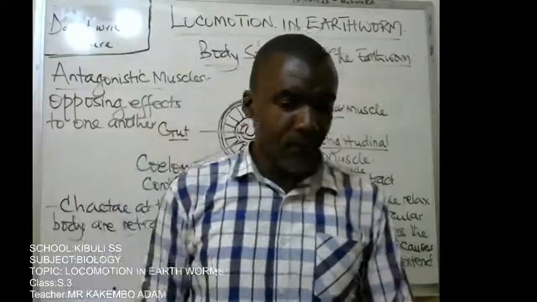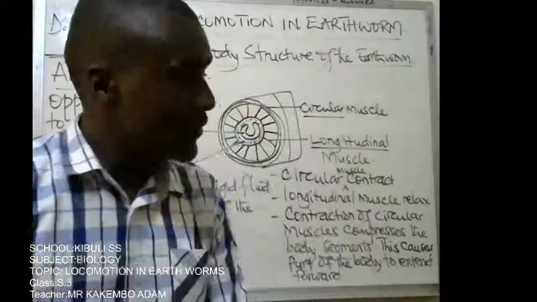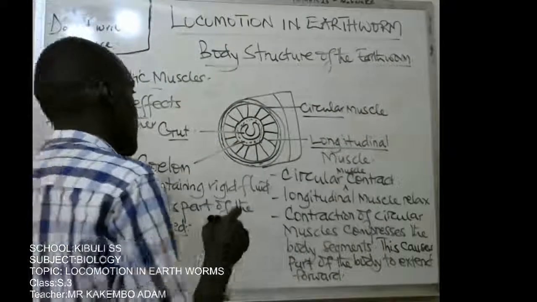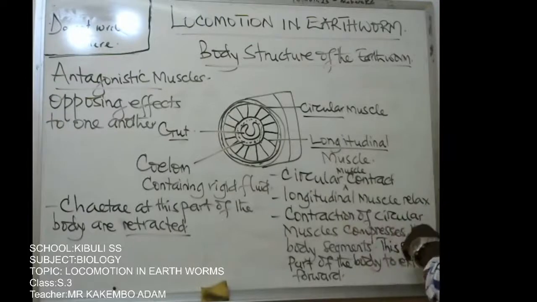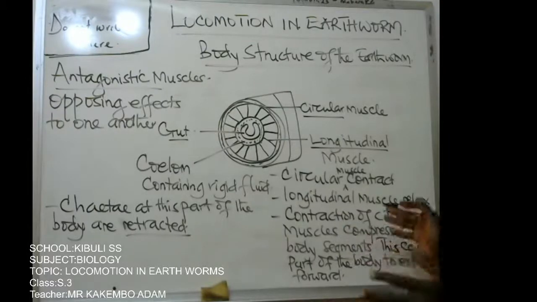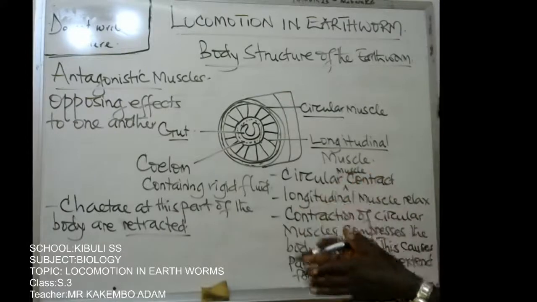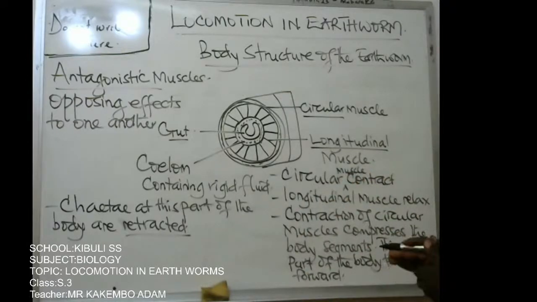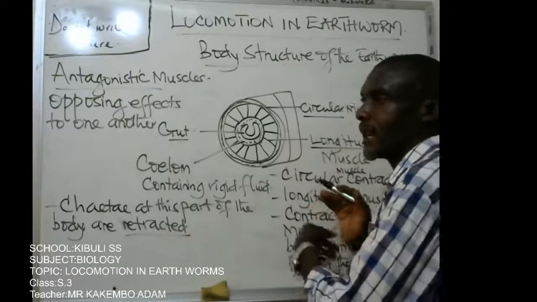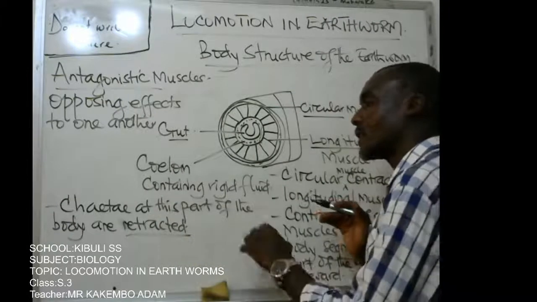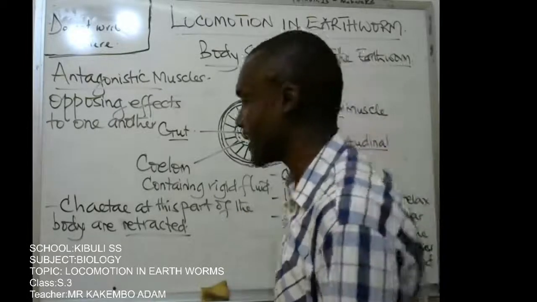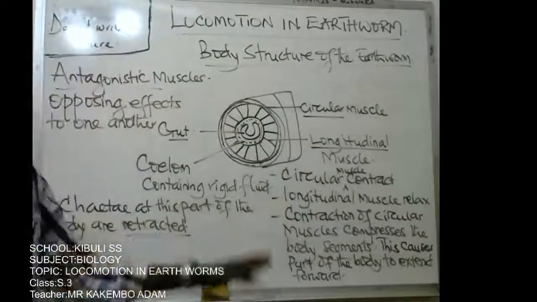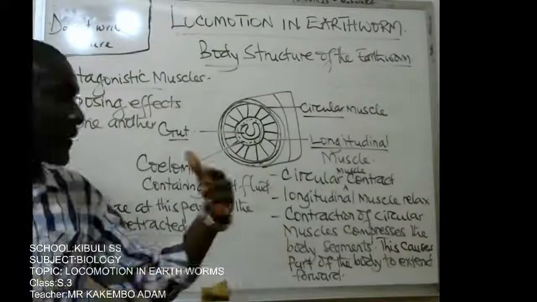Then when longitudinal muscles contract, that is one phase. We have said the first phase: circular muscles contract, longitudinal muscles relax. The contraction of the circular muscles compresses body segments, they move close to each other, causing part of the body to be extended forward. As that is happening, the chitae from that part of the body become retracted, moved back inside the segment. That is the first step as the body of an earthworm is to be moved forward.